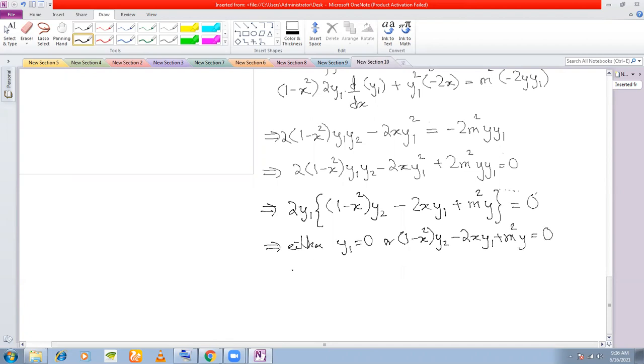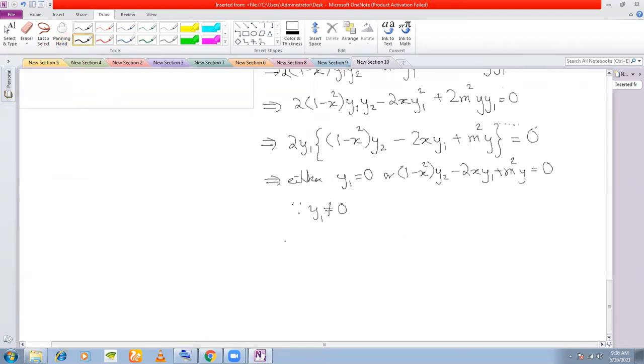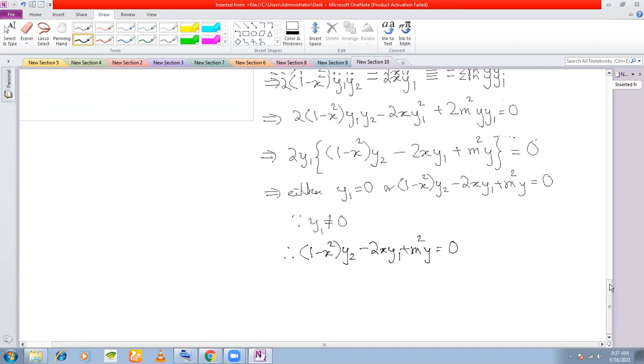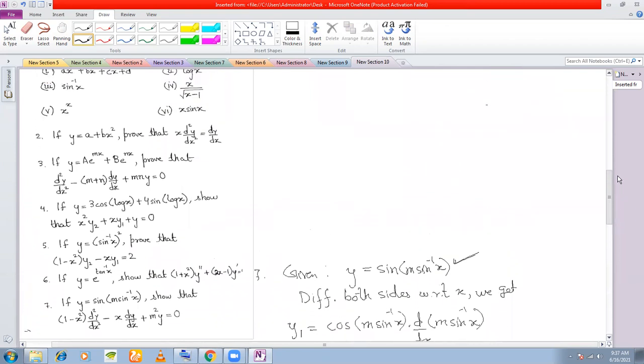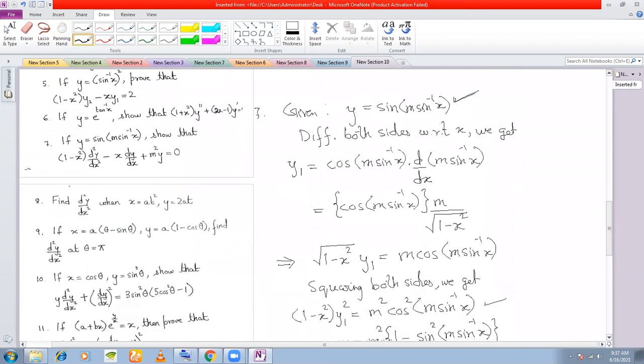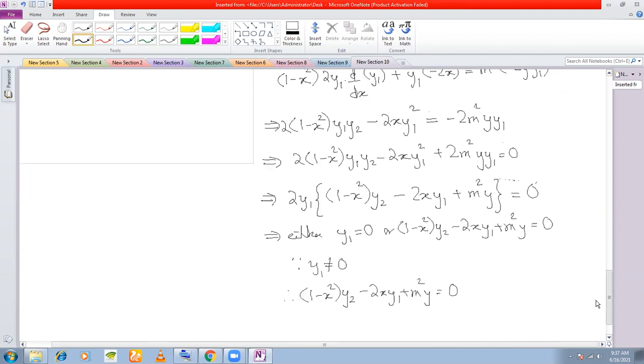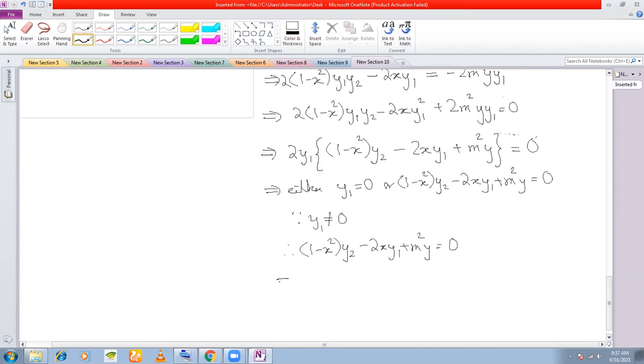Since y1 is not equal to 0, this part must be equal to 0. And that is, I think, what you needed to prove, isn't it? (1 minus x square) d2y/dx2 minus x dy/dx plus m square y. So just substitute d2y/dx2 here.